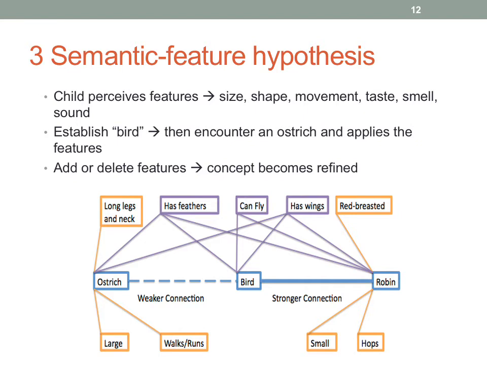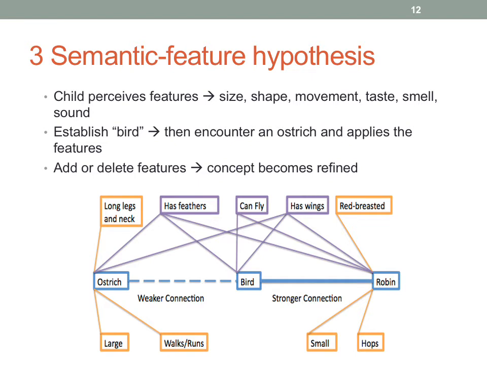When they encounter a robin and someone says the word robin, they know, wow, I have the word bird and that looks like a bird. But there are some new features that I haven't entered into my concept of bird. Like a robin is red-breasted and it's small and it does hop on the ground. And so this is a little different than the concept of bird that I had.